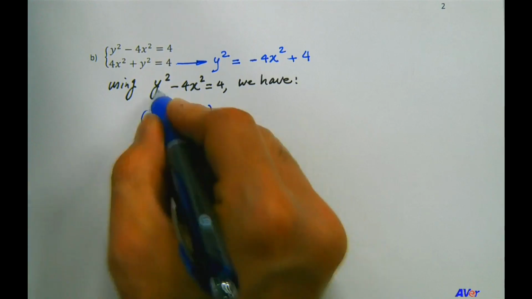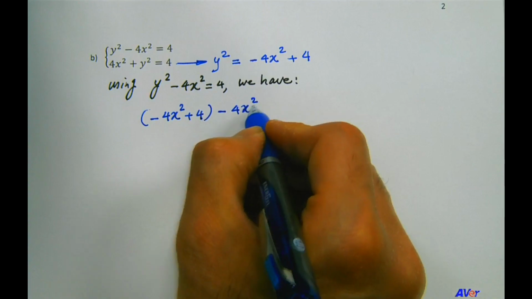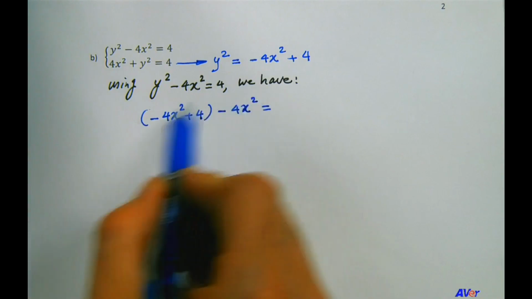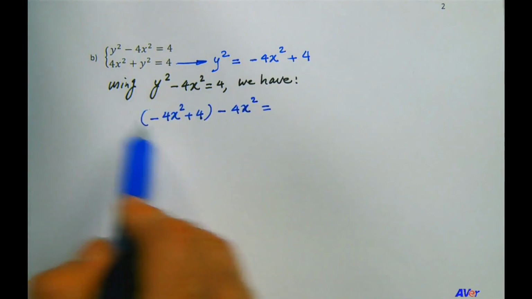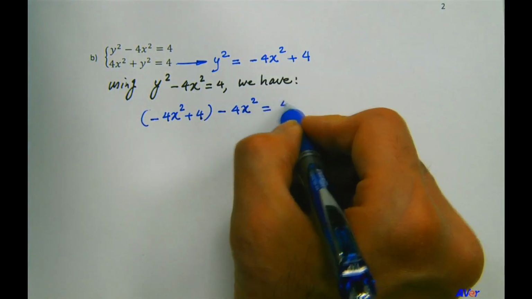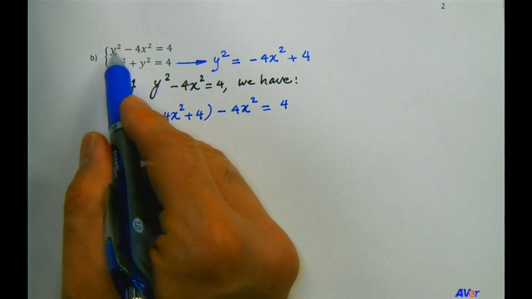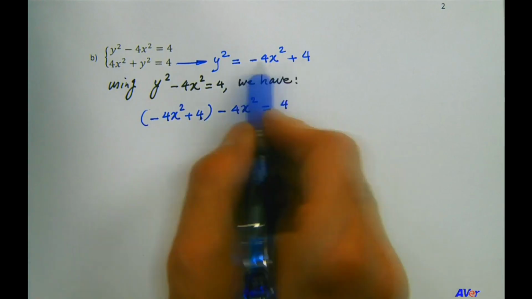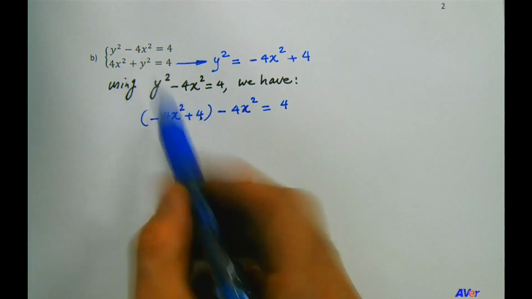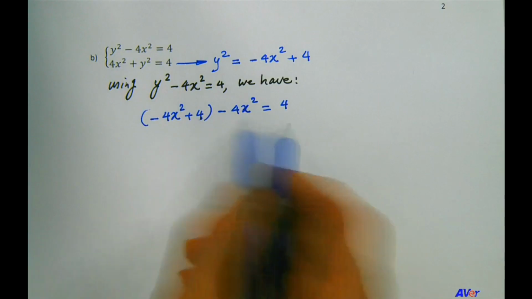That's just y squared, minus 4x squared equals 4, right? So the y squared is gone. Instead, we have the equivalent of y squared. What does this do? It reduces that equation from an equation with 2 variables to an equation with 1 variable, for which we can solve for x.